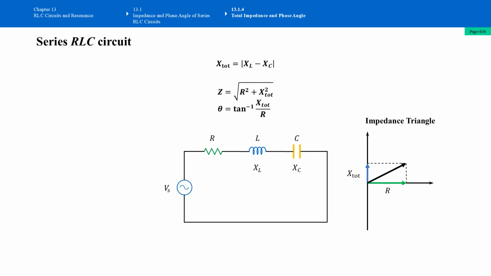We are also interested in the phase angle. That's the same template, same formula. The only difference is we use X total. So theta equals inverse tangent of X total divided by resistance R. These are very important formulas. We use these formulas for all RLC series sections and problems.